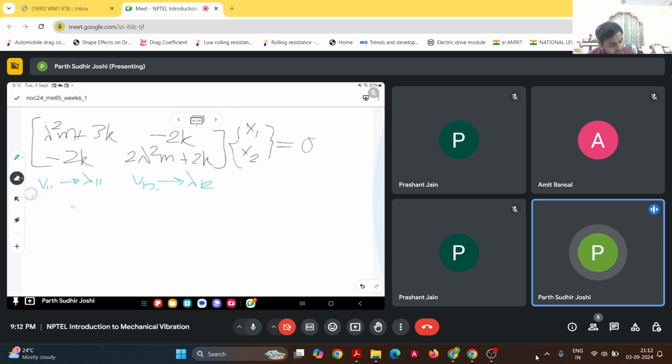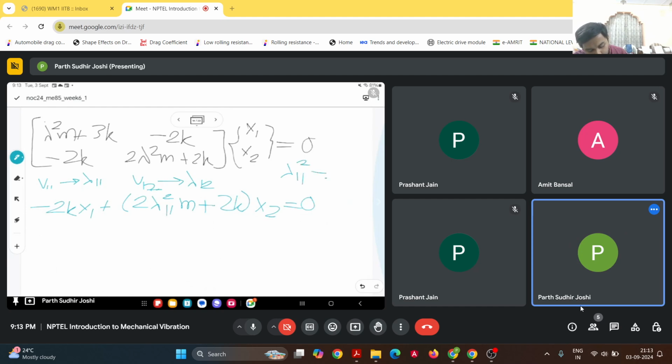Let's use the second row equation for calculating the eigenvector. So we will get minus 2k x1 plus lambda 11 square m plus 2k times x2 is 0, and lambda 11 square is lambda 12 square is equal to minus 3k by m.